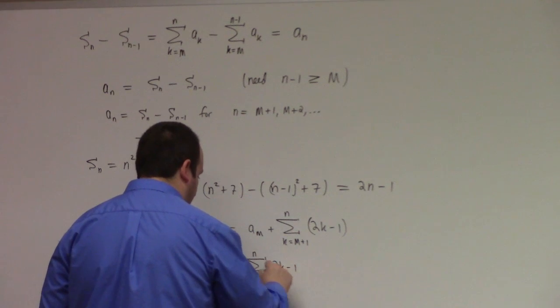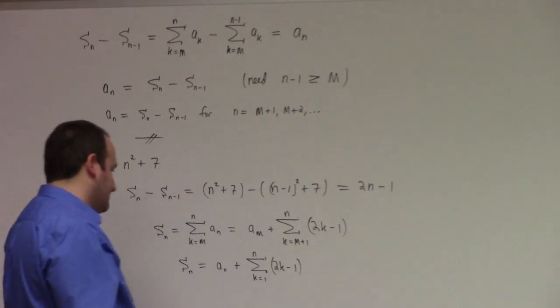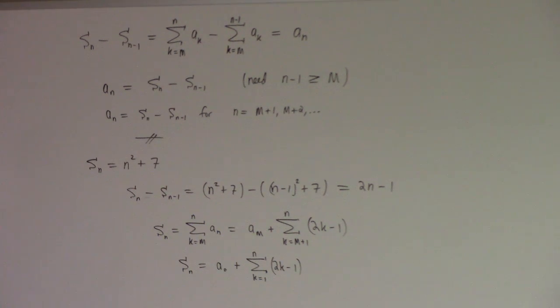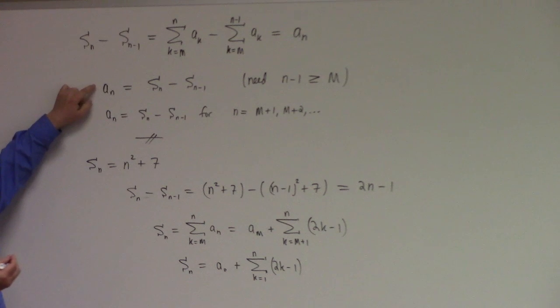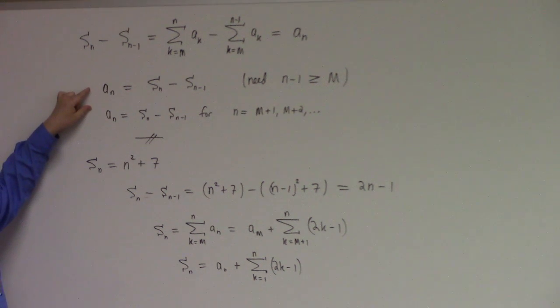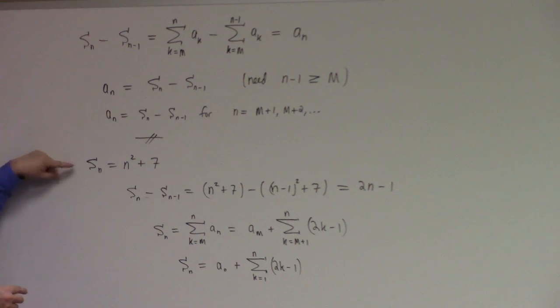There are various choices you could make here, but a_0 isn't pinned down by this relation. You have to choose a_0 to be whatever you need it to be to match the formula that I gave us.